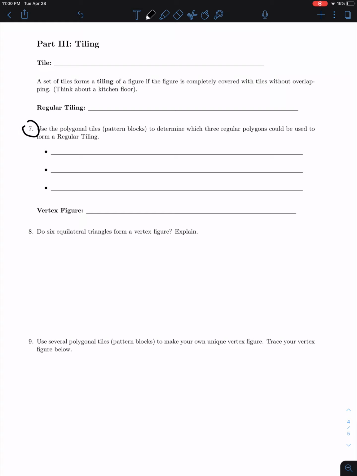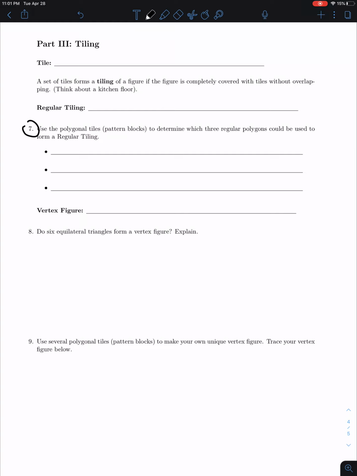The one thing I want you to think about is number 7. We don't have the pattern blocks to actually try this out, unfortunately, but it's asking which 3 regular polygons could be used to form a regular tiling. If you haven't seen the definition, you don't know what regular tiling means, but basically it means you have to use regular polygons in your tiling.